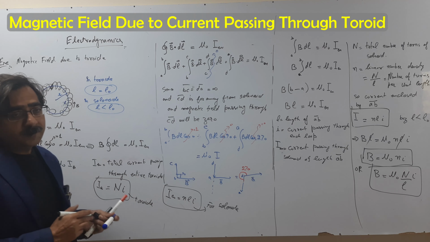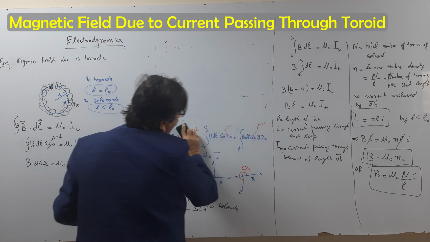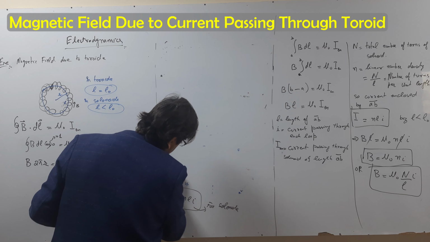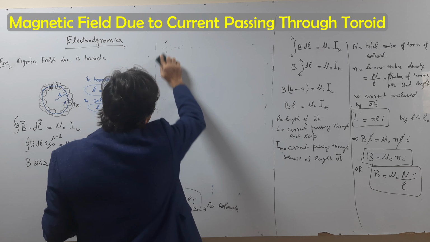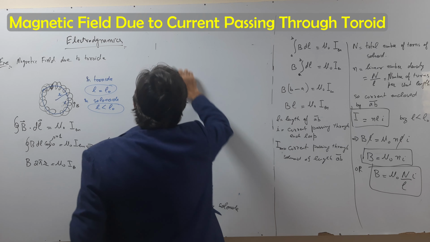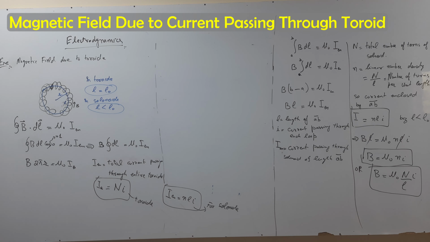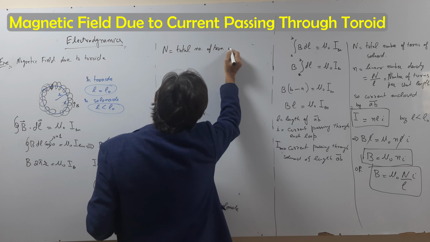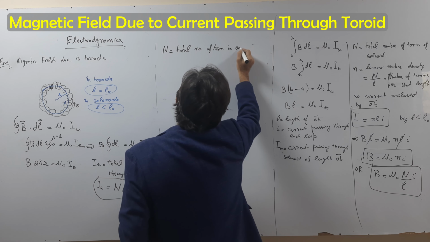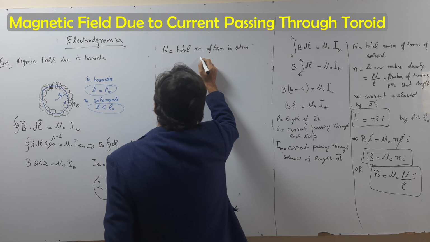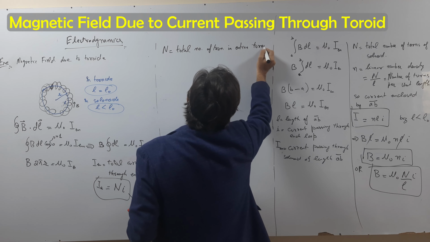N is the total number of turns in the entire toroid.